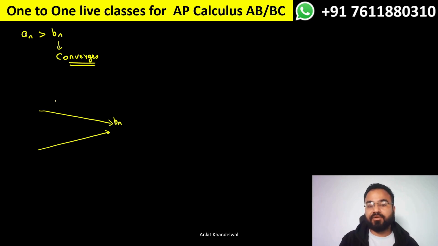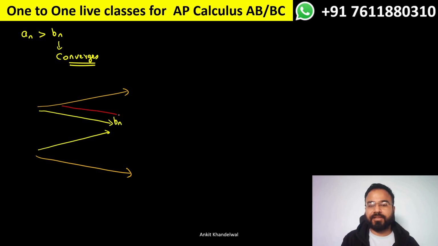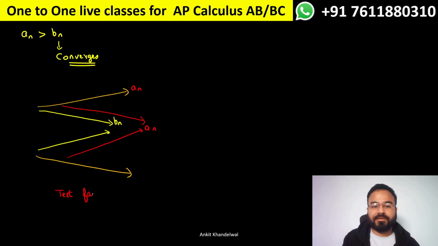Now if it is lying outside these two lines, an has two possibilities. It can go like this, an can expand, or an can go like this also. Both possibilities are an. So it can converge, it can diverge also. So in this case we can say the test fails. We cannot comment upon an.